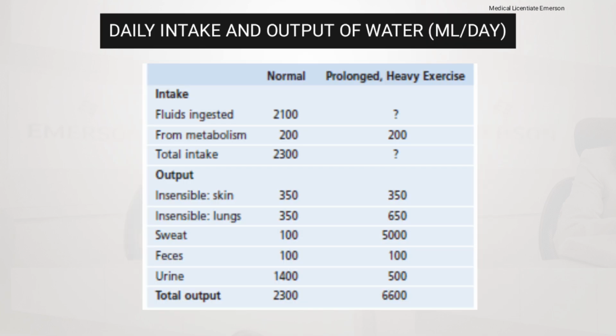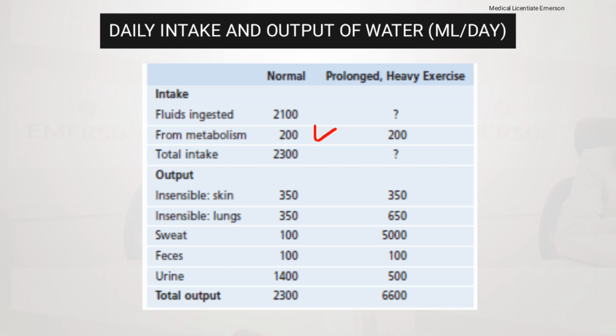Okay, so these are the charts for the daily intake and output of water in mL per day. For fluid ingested, the normal is about 2100 mL per day. Then from metabolism about 200, which is normal. On prolonged or heavy exercise, it still remains 200.